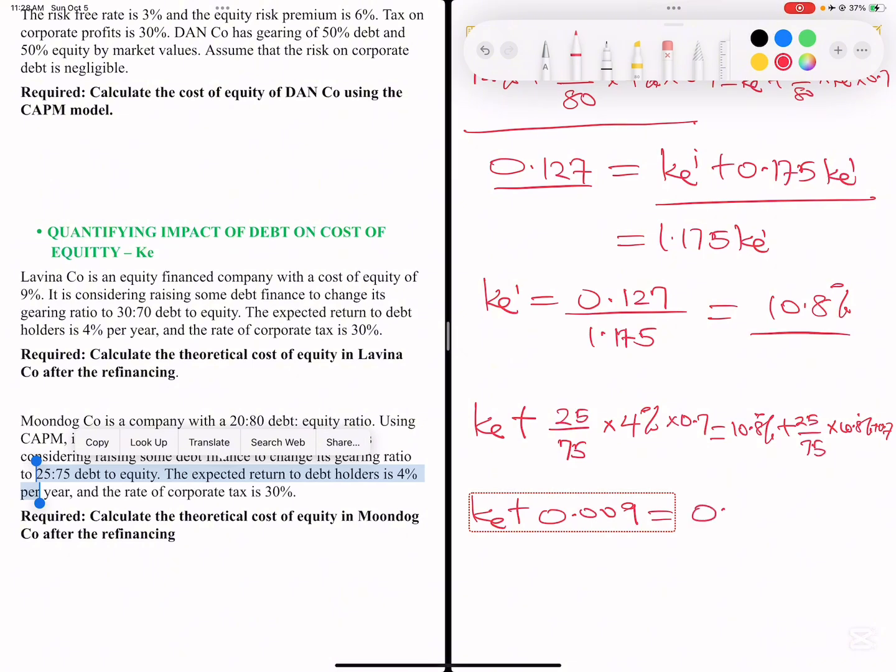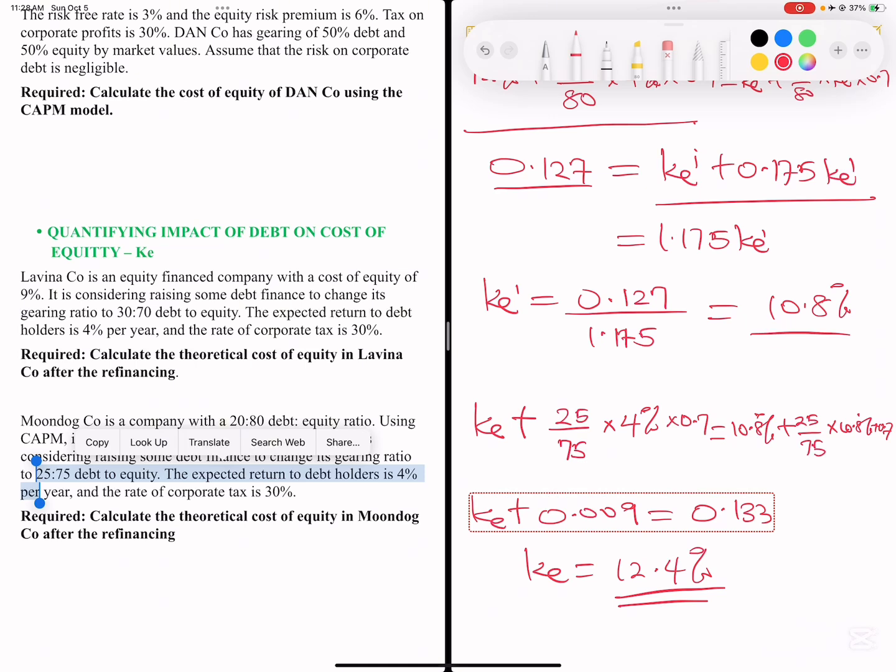That equals 0.133. So KE is equal to that minus 0.009. And that equals 12.4%. That is the cost of equity for the new gearing structure of 25/75.